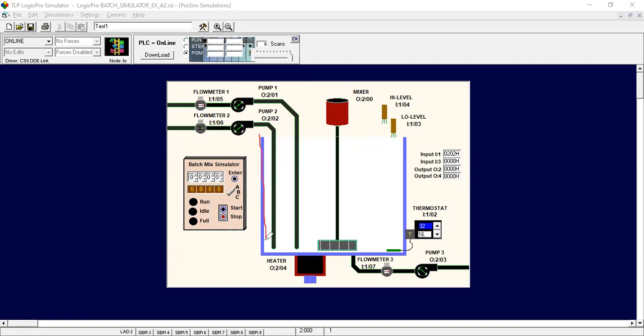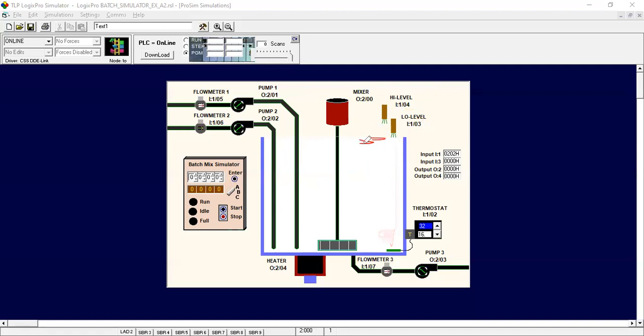And after that we have the high level sensor and the low level sensor, which detect our liquid quantity, how much is in the tank. Our low level sensor indicates the low level of liquid.